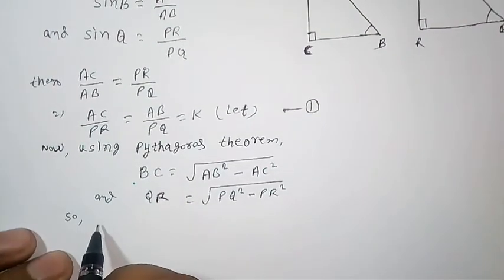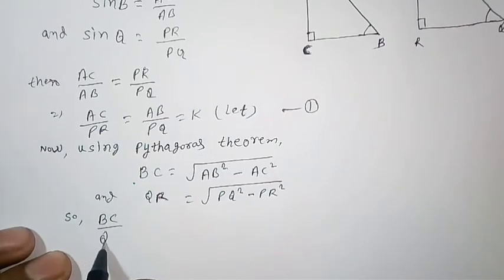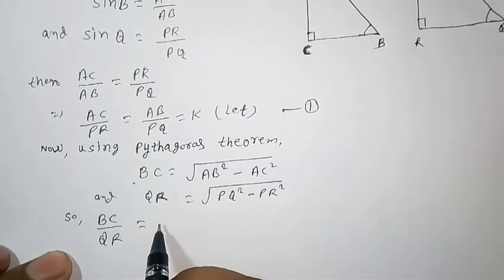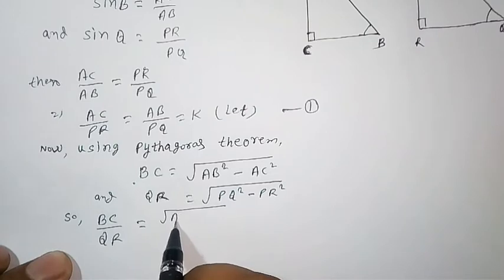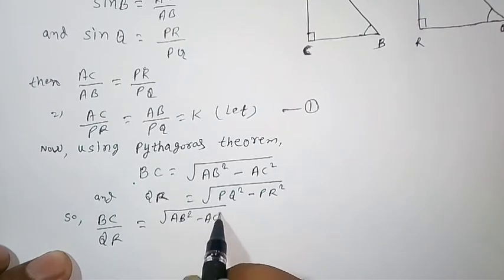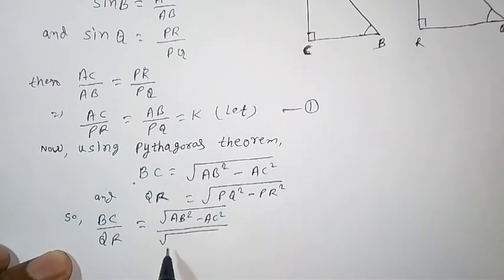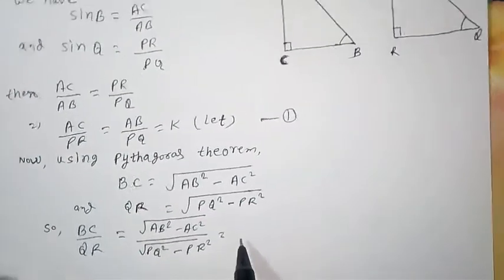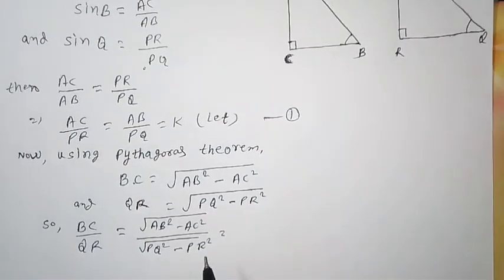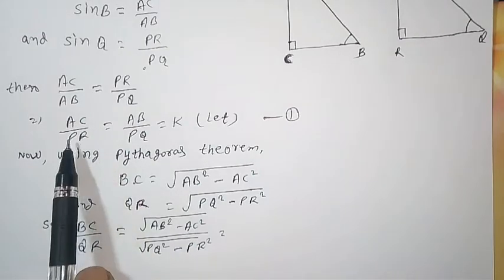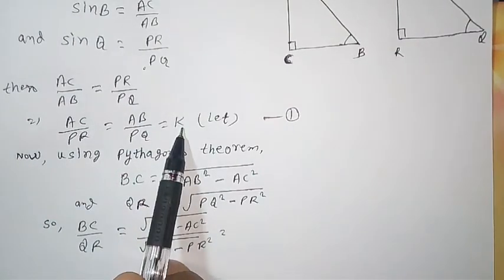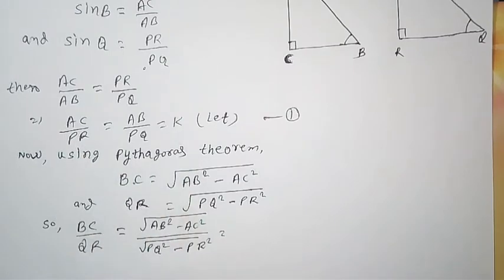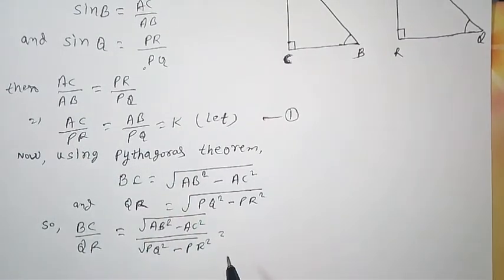So BC by QR is equal to root under AB square minus AC square by root under PQ square minus PR square. From this, AC by PR is equal to K, then AC is equal to KPR and AB is equal to KPQ.